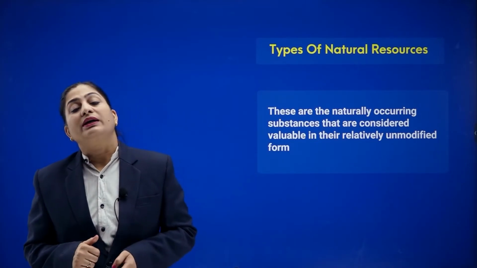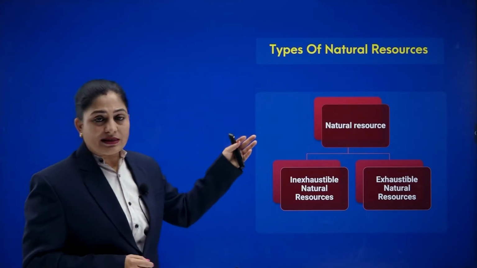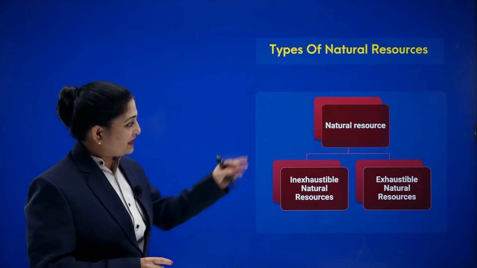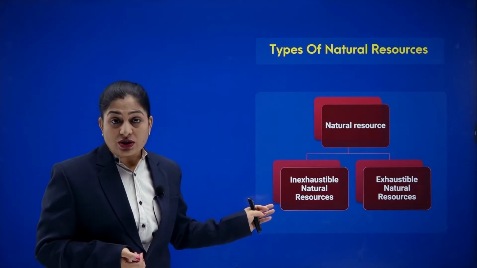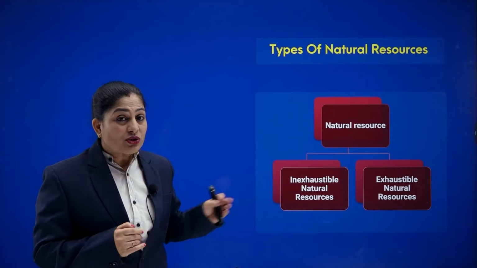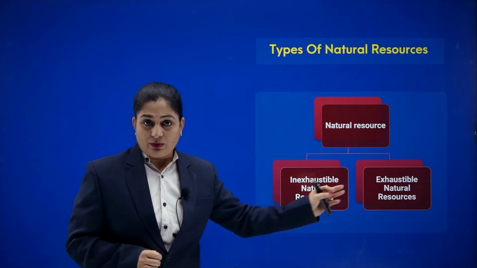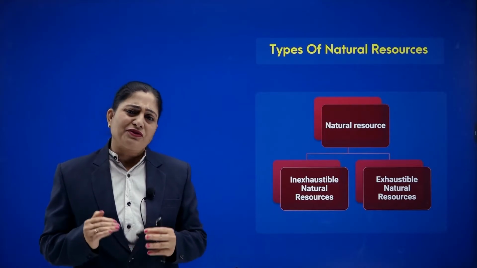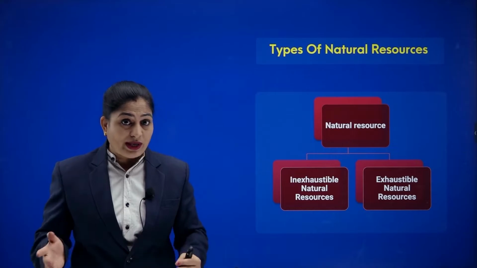So we consider these natural resources as very valuable in our daily life. When we talk about the classification, we generally classify natural resources into two categories: inexhaustible, which cannot get exhausted, and exhaustible, which get exhausted. That means after some time the availability of that natural resource is very limited.